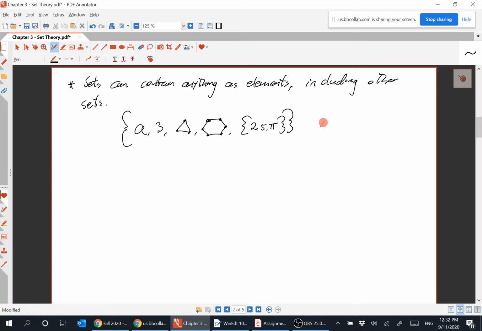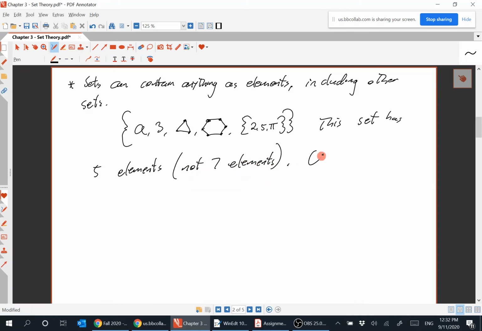Right, so this set has how many elements? 1, 2, 3, 4, 5. It has 5 elements. Okay, not 7 elements.